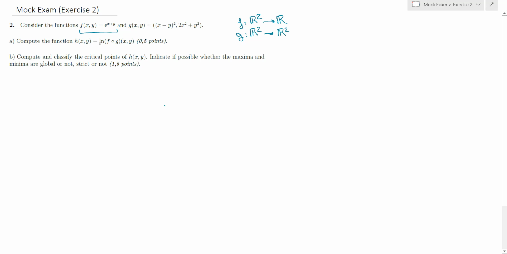to compute the logarithm of the composition. Okay, when we write f circle g, essentially this means that we first apply g to x and y. So we take two variables, then g takes these two variables, transforms them into two variables, and then we apply f to these two variables, and it gives us one real number.